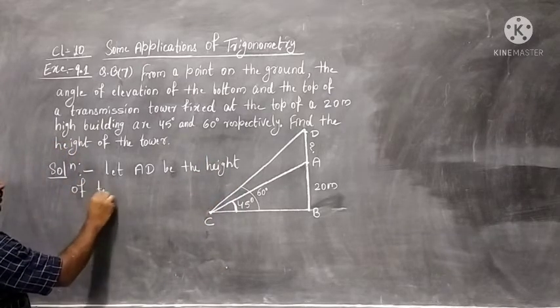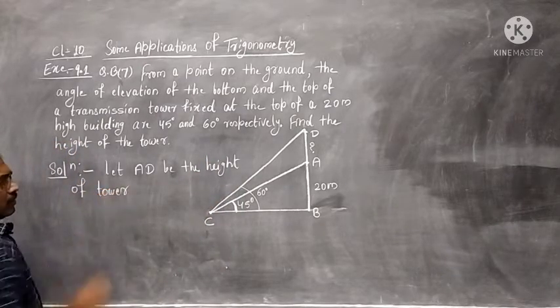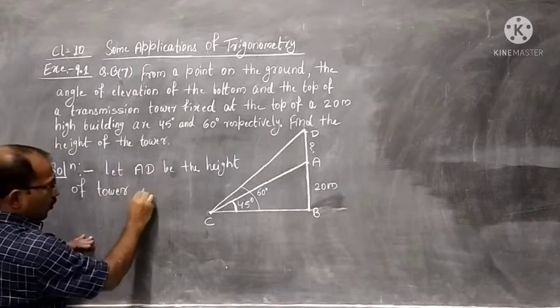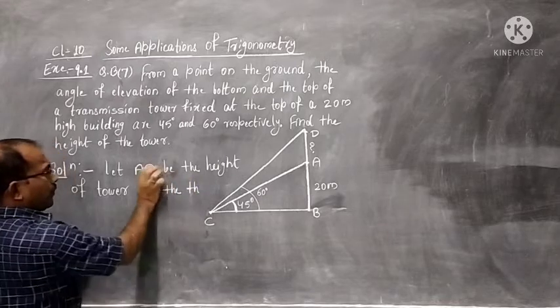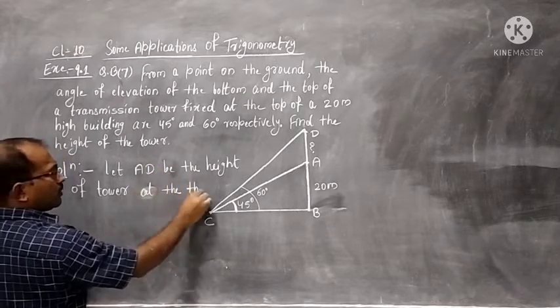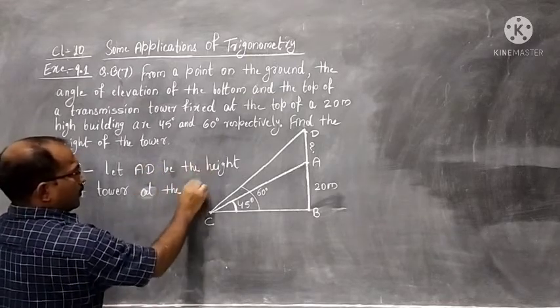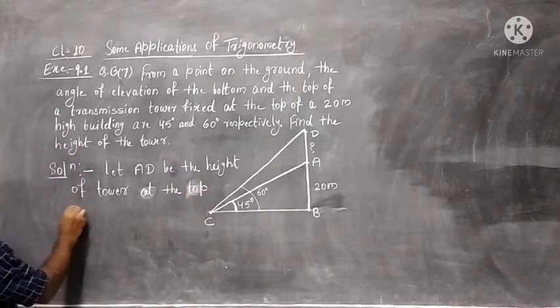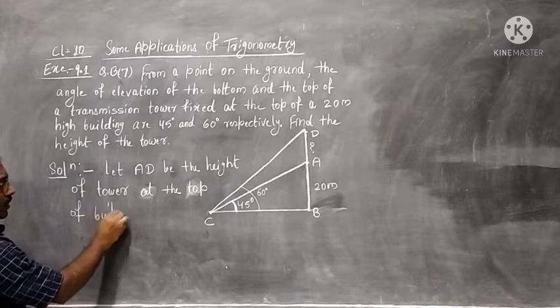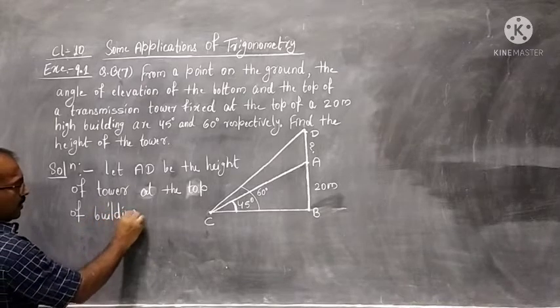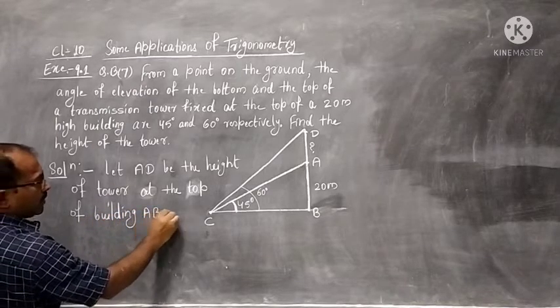Where it is at the top of a building. What is the building? Building AB, that is 20 meters.